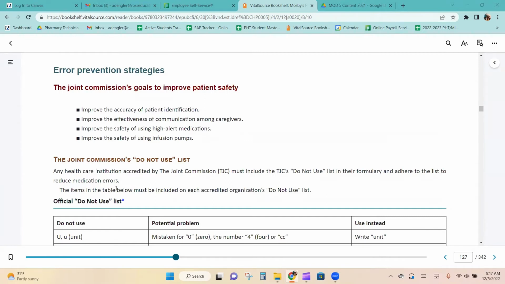Error prevention strategies. The Joint Commission's goal is to improve patient safety, improve the accuracy of patient identification, improve the effectiveness of communication among caregivers, improve the safety of using high alert medications, and improve the safety of using infusion pumps.